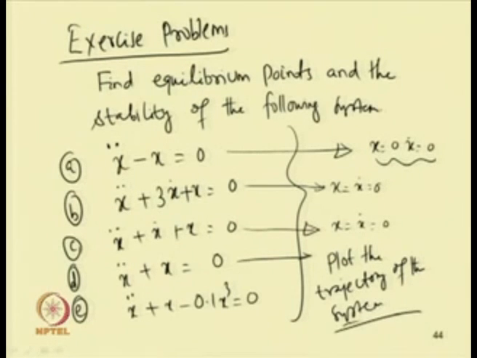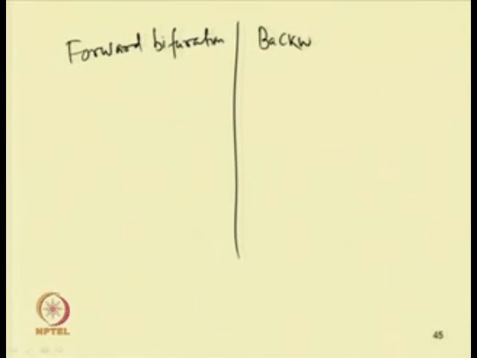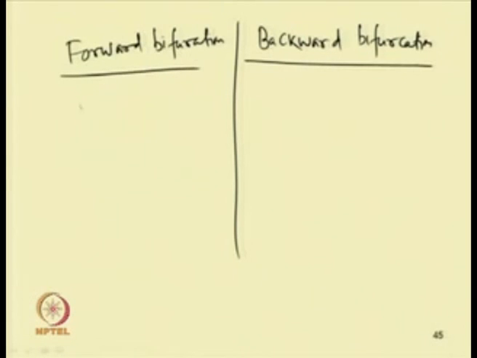Also you can study the forward bifurcation, and plot the forward bifurcation and backward bifurcation for different system parameters, which can be written in first order form: x dot equal to mu x minus x square, x dot equal to mu x minus x cube.